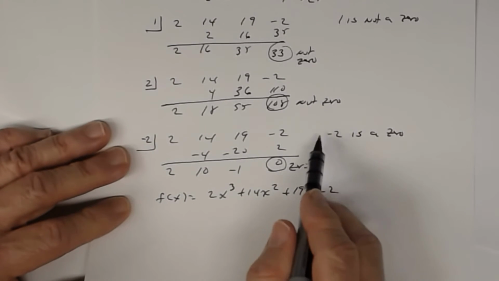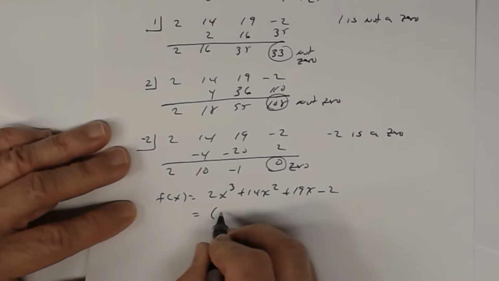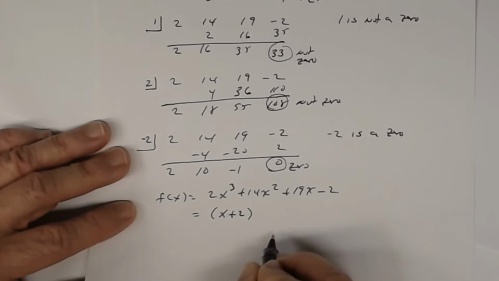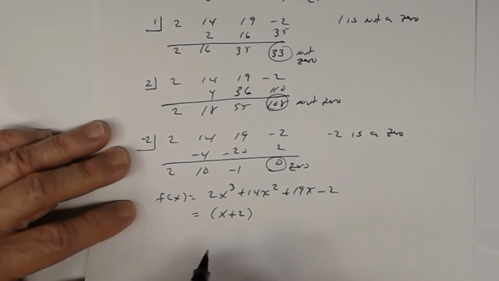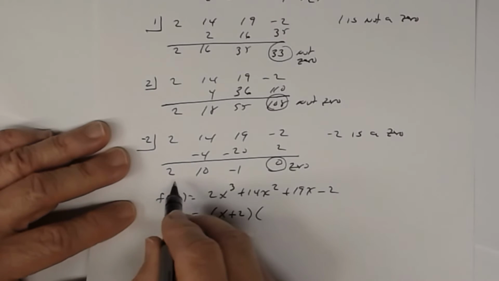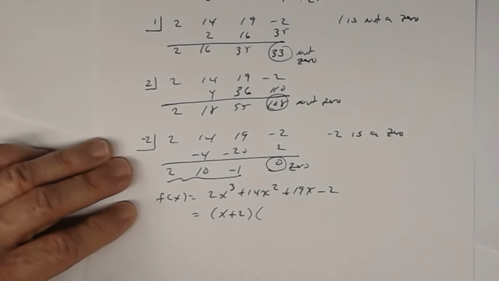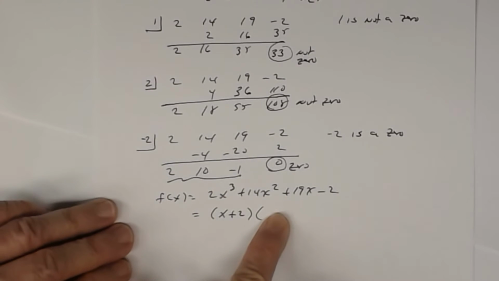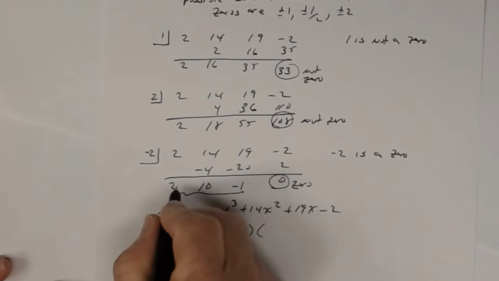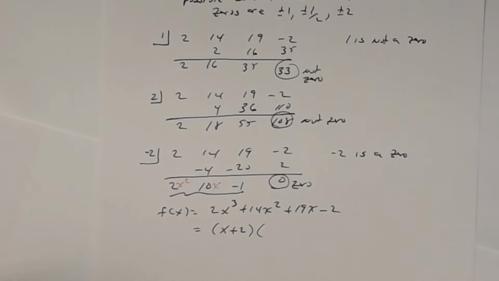If negative 2 is a zero, that means my factor will be x plus 2, because if I set that equal to 0, I get negative 2. Times the quotient, and this is your quotient right here. Your quotient is going to be quadratic. This is cubic, so this will be 1 degree less. So that means this will be 2x squared plus 10x minus 1.